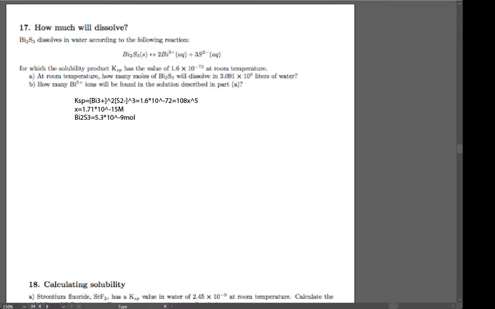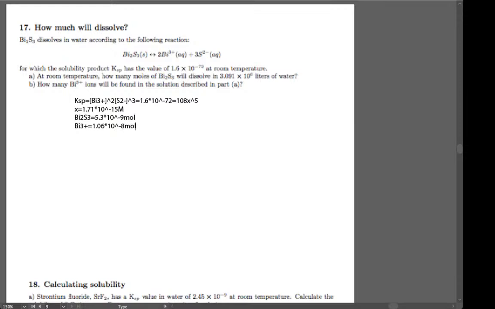And how many Bi3 plus will be found in the solution described in part A? That would mean I just need to multiply the thing by 2, which means the Bi3 plus would equal 1.06 times 10 to the power of negative 8 moles.